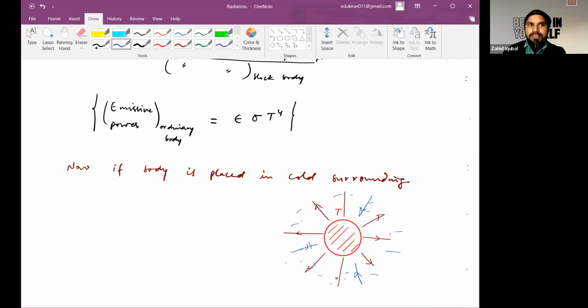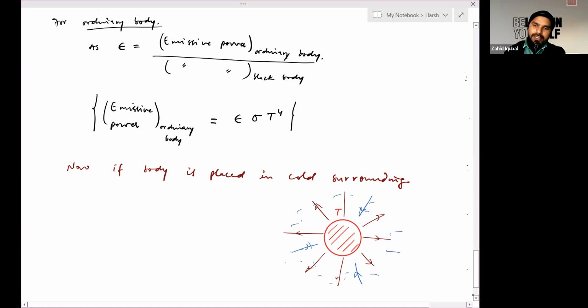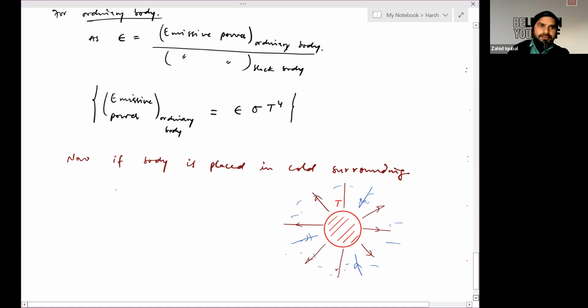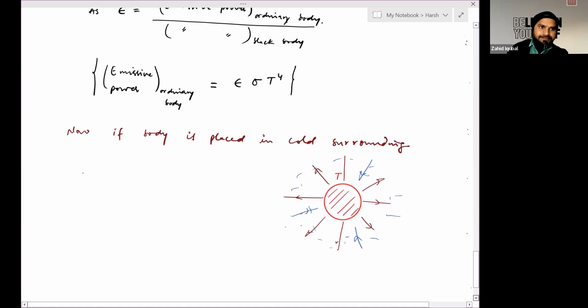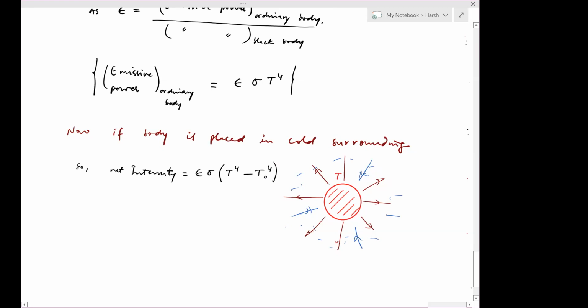So we have to calculate net flow of radiation in this part. So net intensity will be epsilon sigma, temperature to the power 4 of that hot body minus temperature to the power 4 of that cold surrounding. Is it clear? Yes, sir.